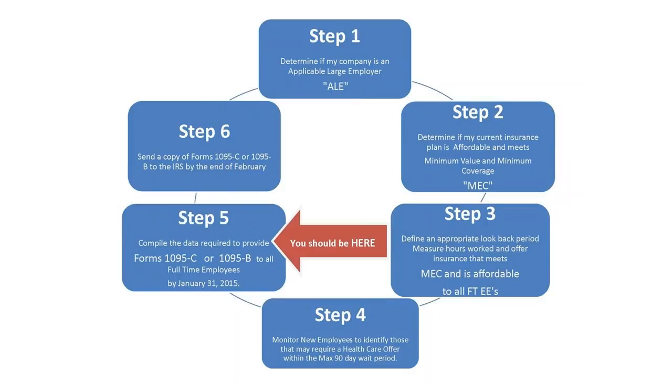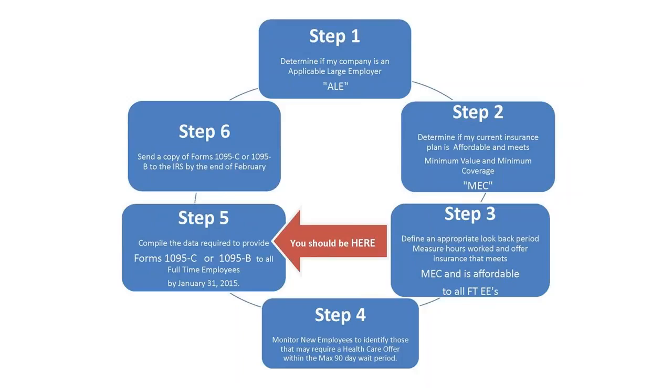You then need to determine if your current health insurance meets the affordability and the minimum value. I don't know how familiar you are with health plans, but I do know that on the exchanges there are gold, silver, and bronze plans.